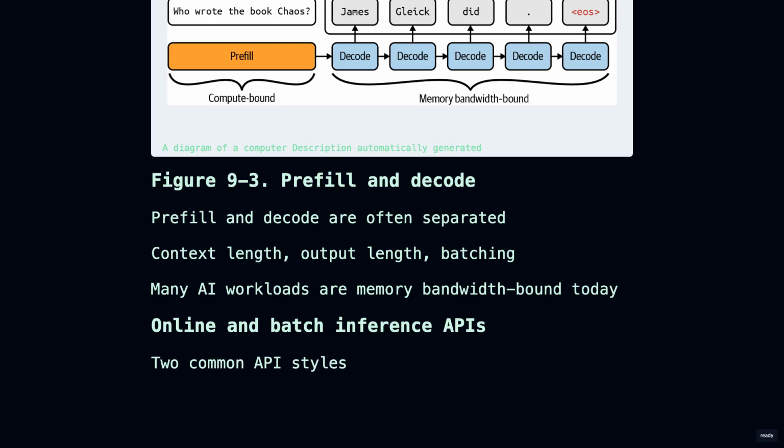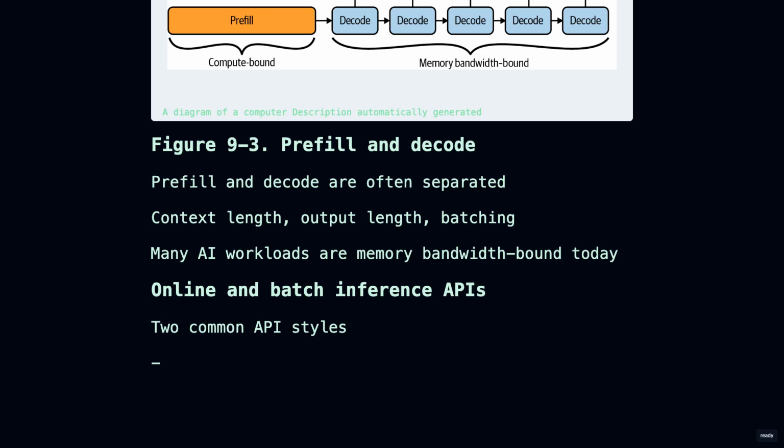One is optimized for immediate responses, and the other is optimized for efficient large-scale processing. We can think of the two modes as a trade-off between responsiveness and efficiency.